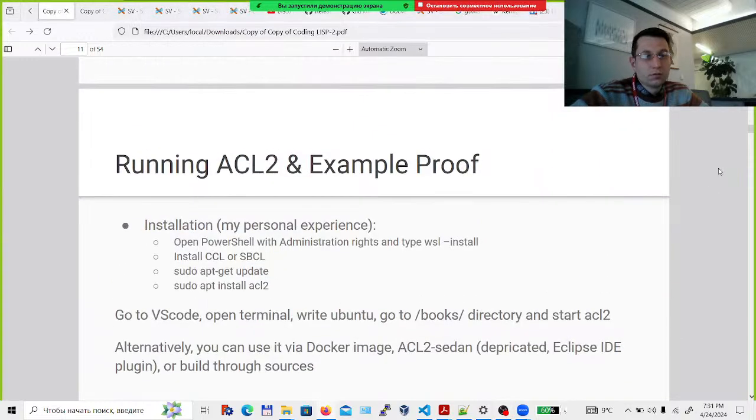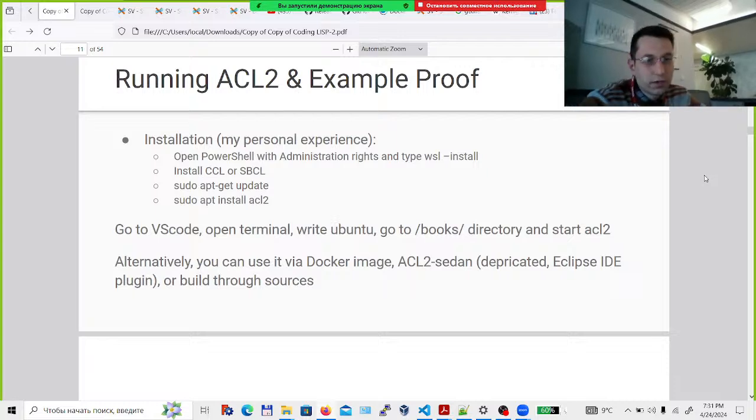So I completed the installation via installing ACL2 using some apt installer from the Ubuntu distribution, and it's nowadays distributed via 8.4 version, but the latest version is 8.5.